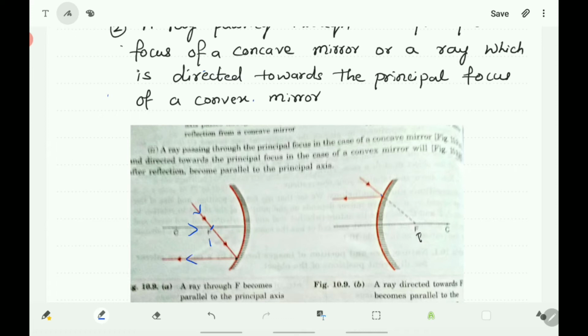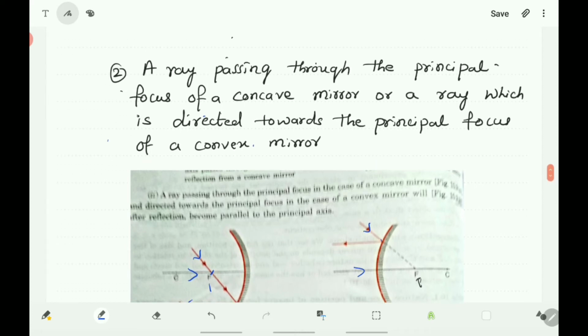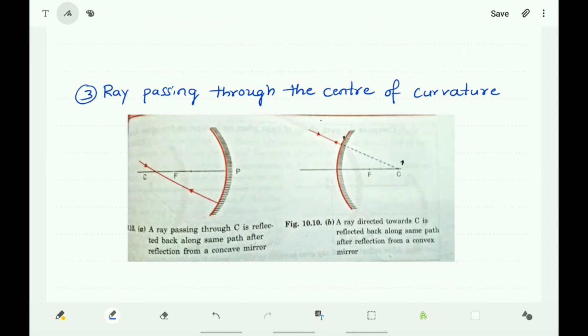In the case of a convex mirror, this is a ray directed towards the principal focus, and it reflects parallel to the principal axis. This is about the reflection of a ray passing through the principal focus of a concave mirror or directed towards the principal focus of a convex mirror.